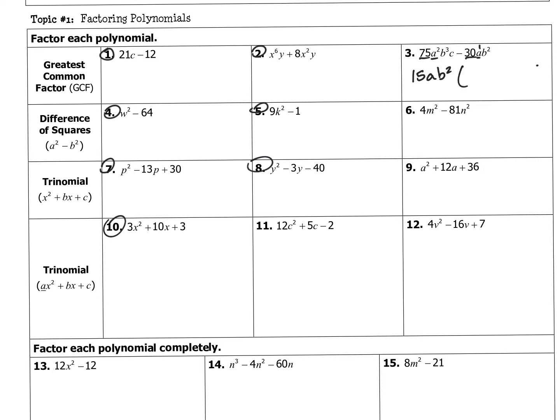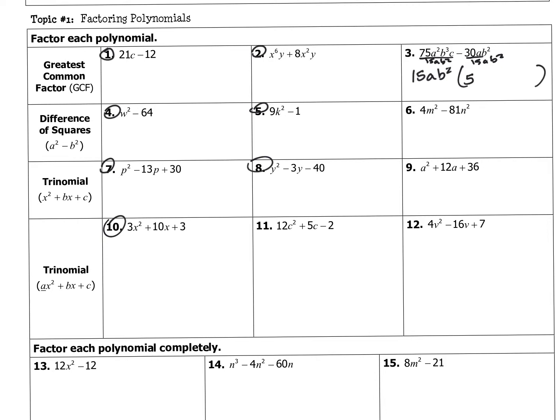Now, to figure out what's left over in parentheses, I need to divide both my terms by the GCF. So 15a squared b to the third c divided by 15ab squared, and 75ab squared divided by 15ab squared. 75 divided by 15 is 5.